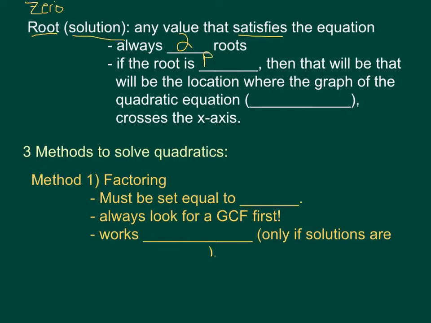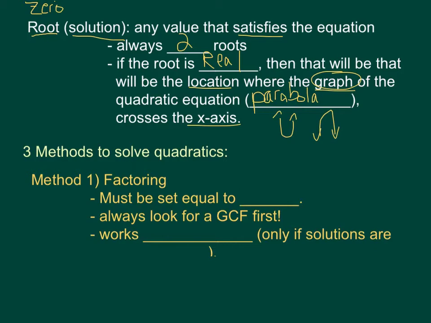If the root is a real root, and what that means by real is not complex, it doesn't have an i in it, then that will be the location where the graph touches the x-axis. Remember, the graph is a parabola. We said that earlier. Parabolas can face up or they can face down. They can also face sideways, but we'll mess with those later.